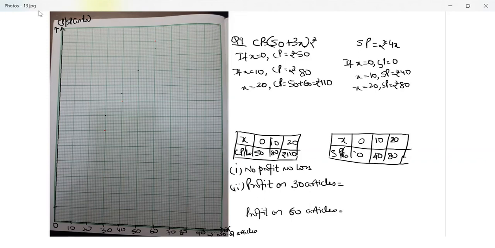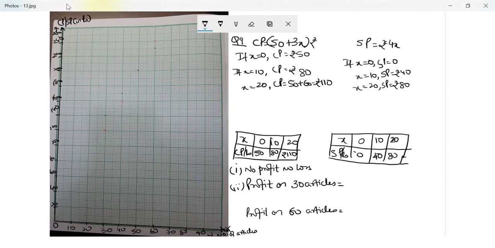So let me take multiples of 20. So this will be 20, 40, 60, 80, 100, 120, 140, 160, 180, 200, 220, 240, and the last one 260 in rupees. Let's plot.